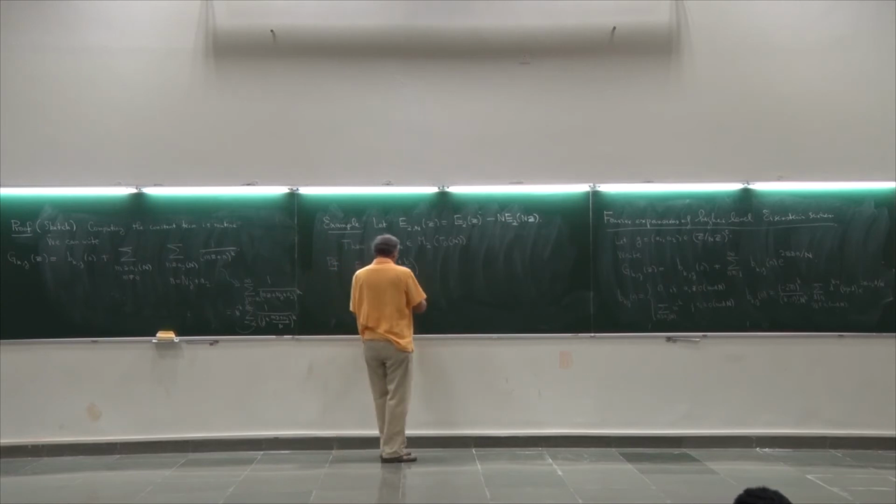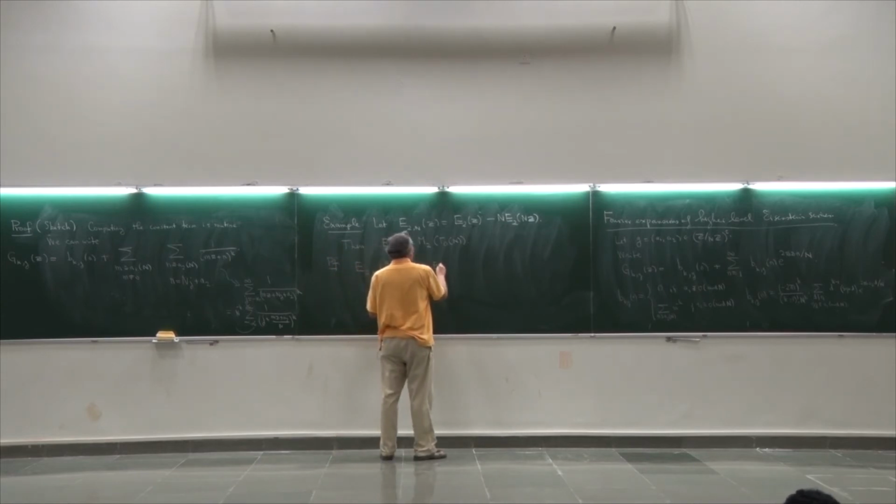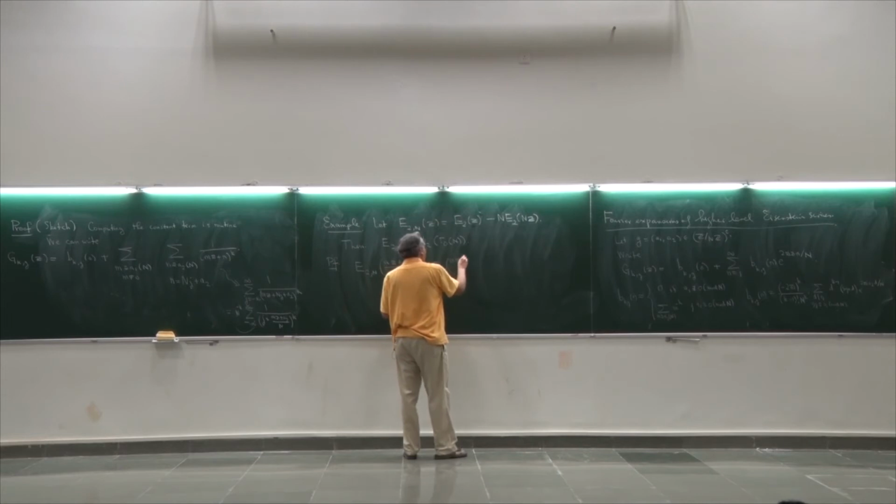So now, this is equal to E2 of (az plus b over cz plus d).